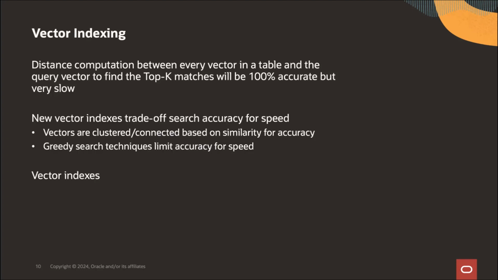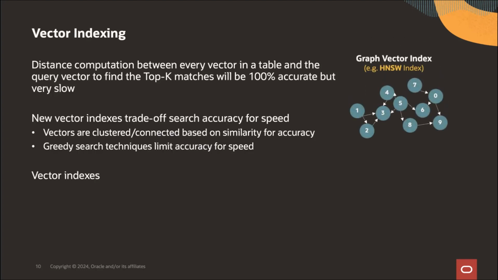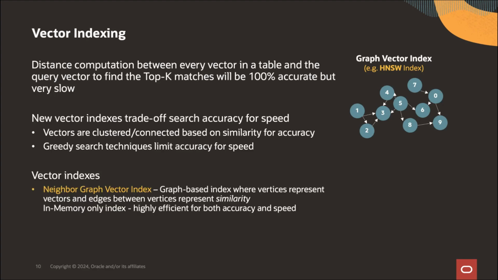For this reason, we have introduced a different kind of search that is not an exact search, but what we call an approximate search. That is much quicker than a normal, accurate search. And you can provide a vector index that could be based on a graph that will go in memory.